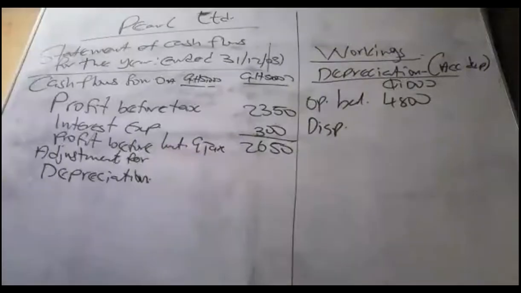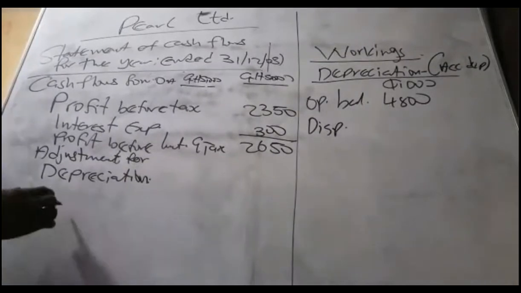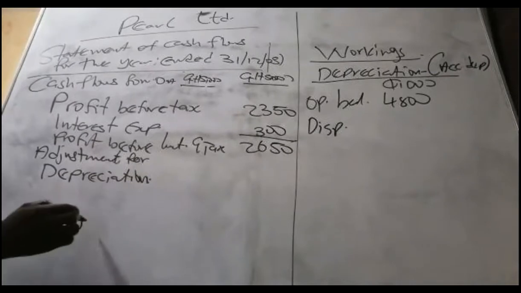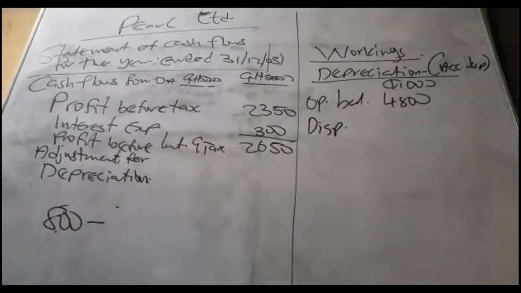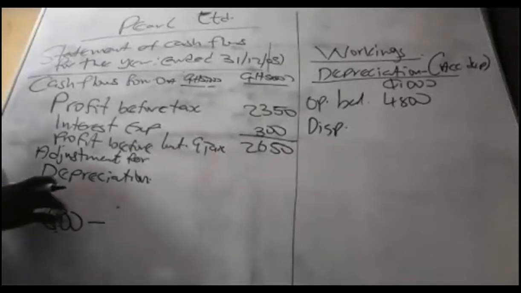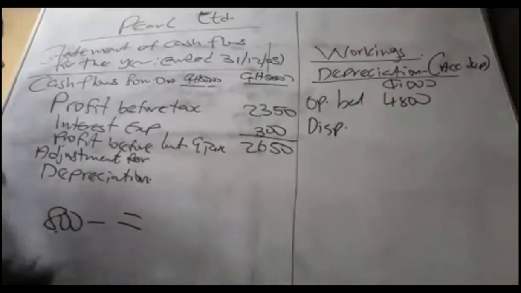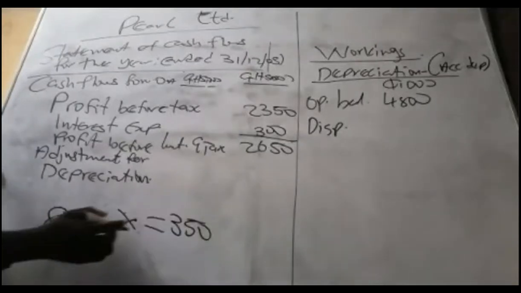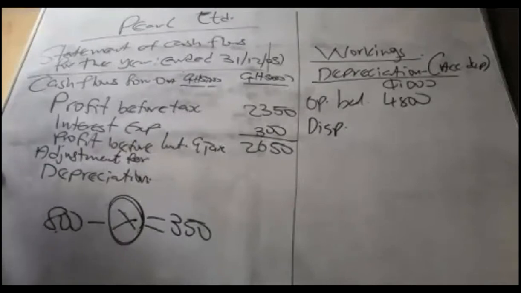So the accumulated depreciation will be 800 minus a certain figure, which gives us a carrying amount of 350. So what is the accumulated depreciation of the disposed assets? 800 less the 350, then we are done.